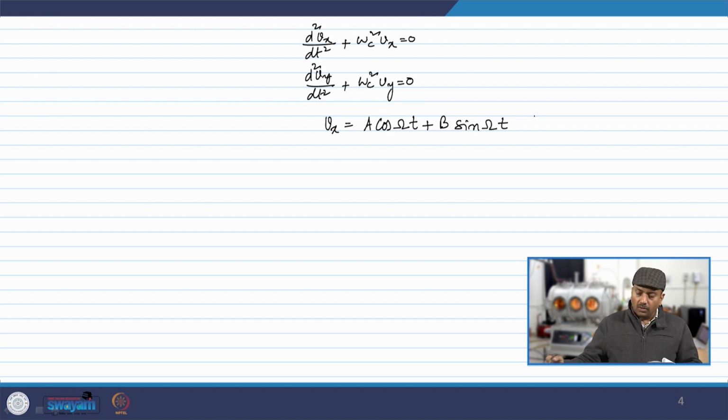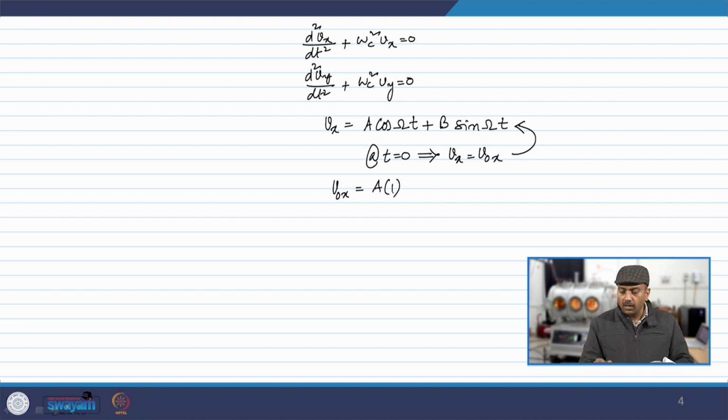So, we have these constants a and b, right. Let us say at t is equal to 0, at the beginning of this picture, we take the velocity Vx to be equal to V0x. When we substitute t is equal to 0 into this, we will get V0x is a times 1, since cos of 0 is 1, plus b times 0.